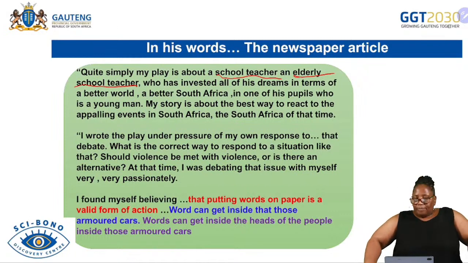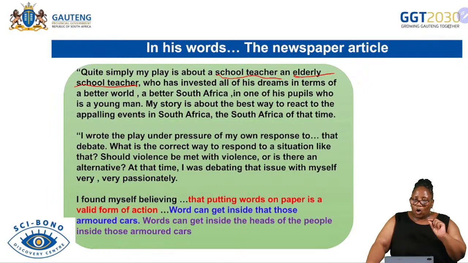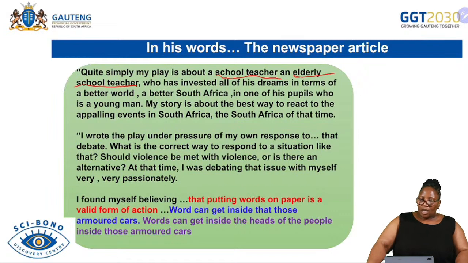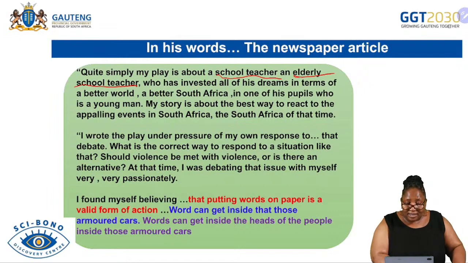I found myself believing, he says, that putting words on paper is a valid form of action. Words can get inside those armored cars. What is armored? Armored is vehicles that have what?